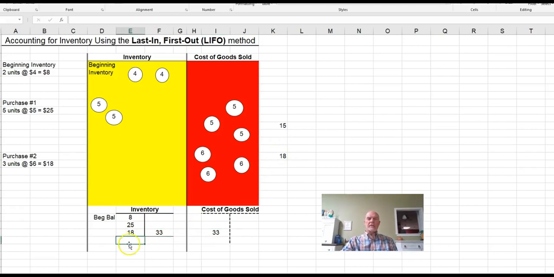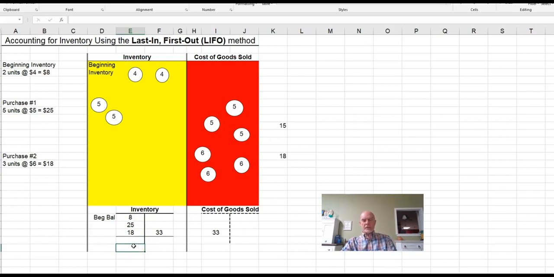And that would leave in the inventory account, calculated here, beginning inventory. So let me go this way. Sum of these 3. I'm having trouble.